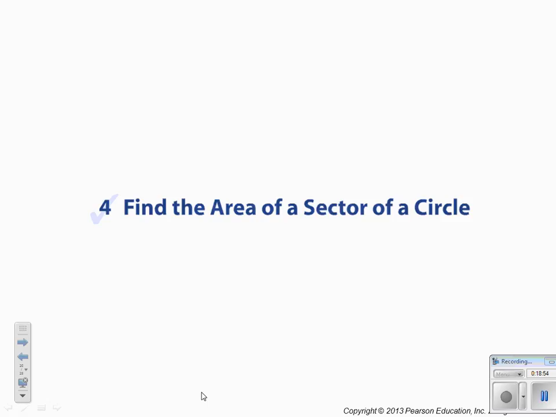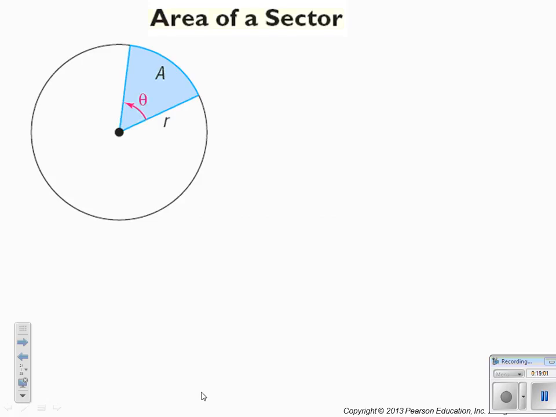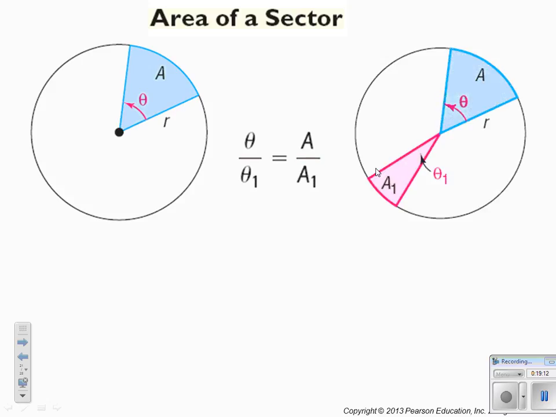All right, let's push on and find the area of a sector of a circle. So if we know theta and we know the radius, we can find the area of this shaded sector.